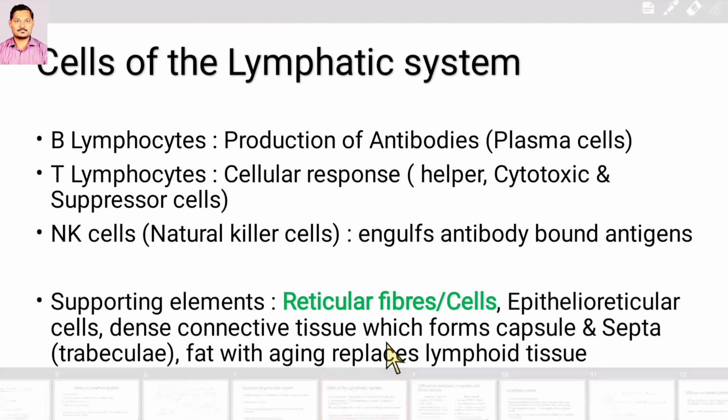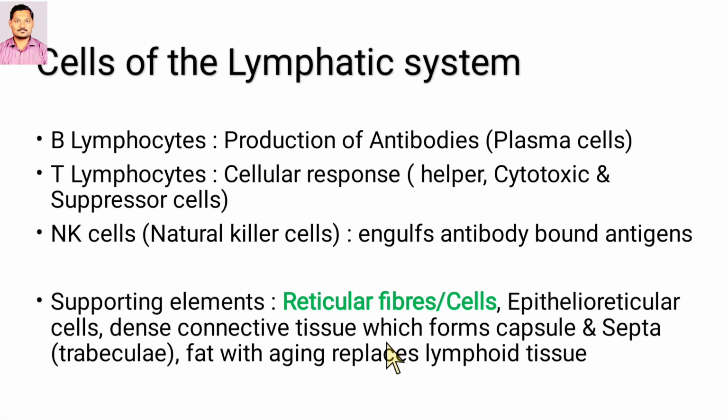Without these cells and tissues, your lymphatic system won't work. And what are these immunity cells? These are the B lymphocytes and T lymphocytes. B lymphocytes are responsible for the production of antibodies, and they will be transformed into the plasma cells, which eventually produce the antibodies, the substances that will bind with the antigens and neutralize them.